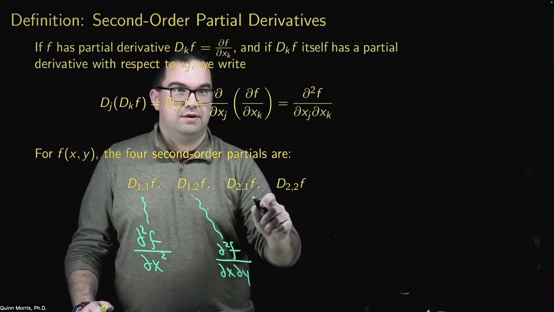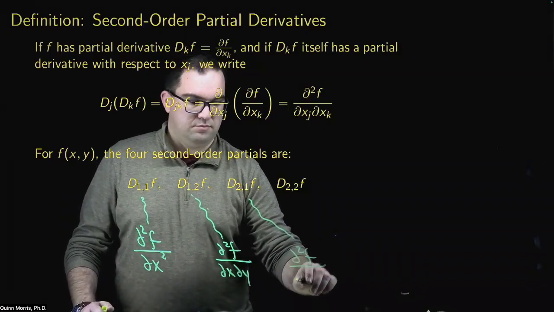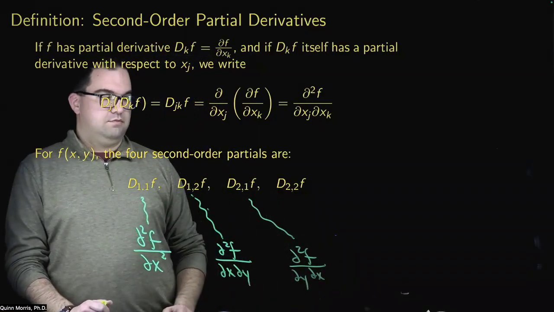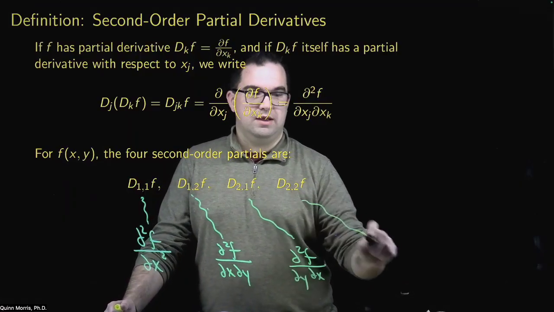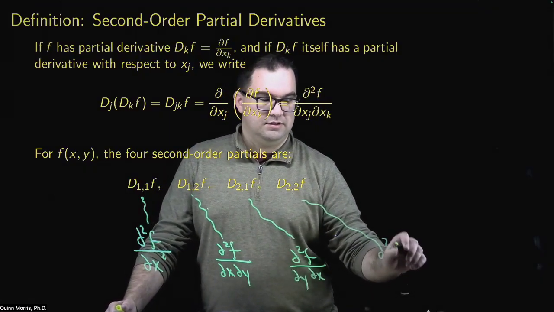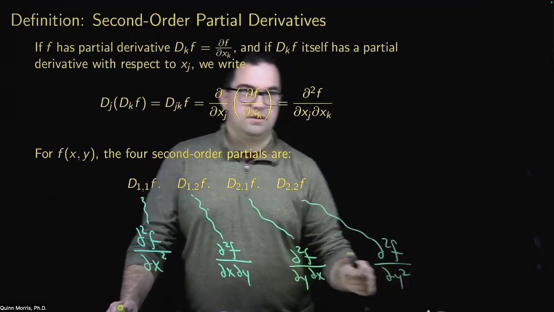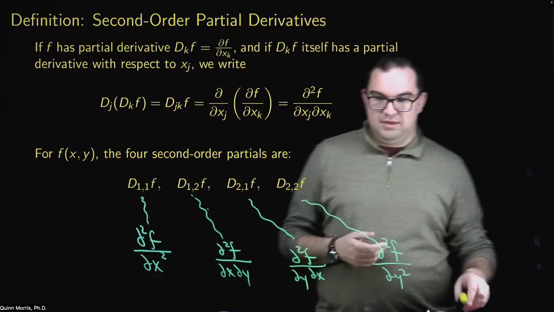Okay. Similarly, we could express this as partial y, partial x, and then this would just be d squared f over dy squared. Okay. So again, same notation. They mean exactly the same things.